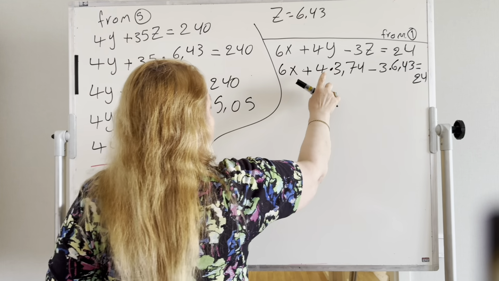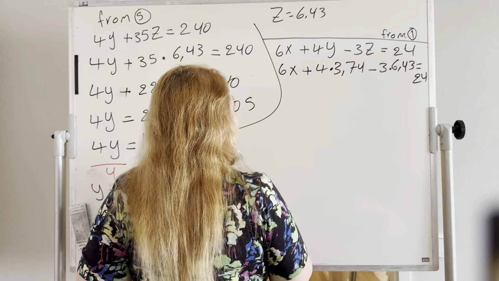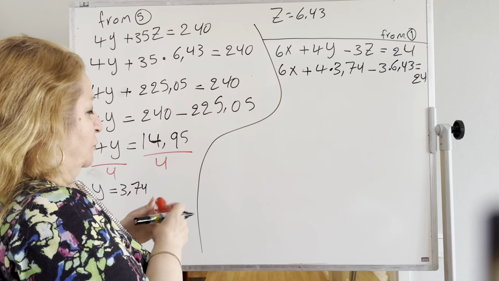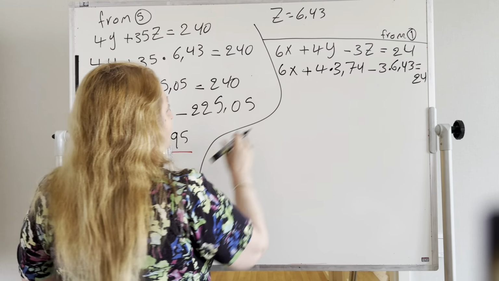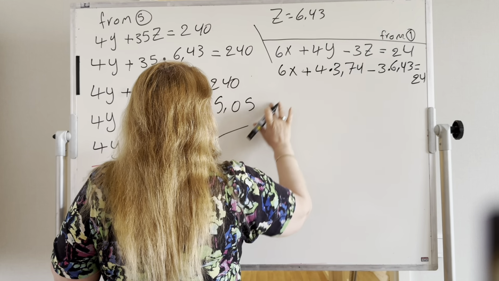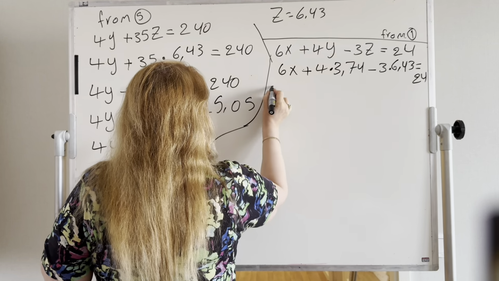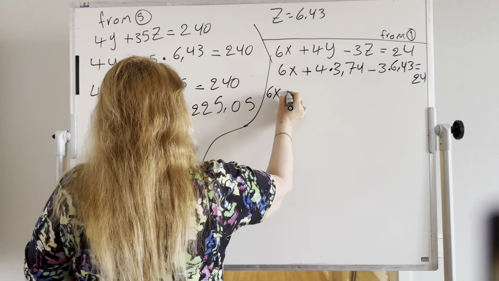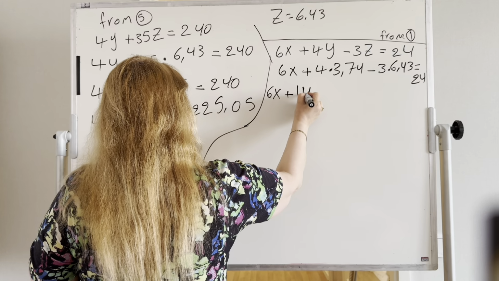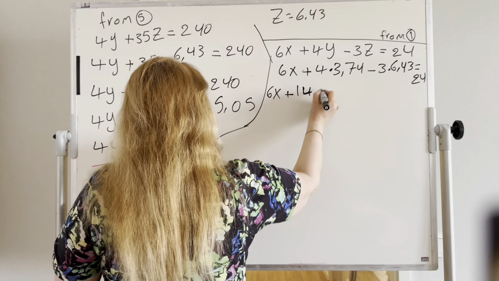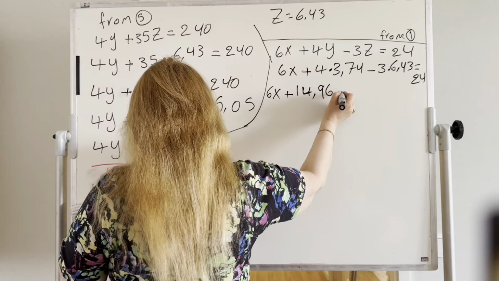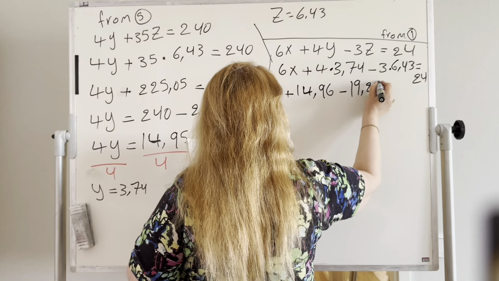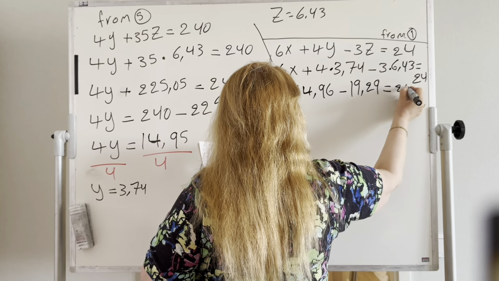Then I will multiply 4 with 3.74, 3 with 6.43, and I will get 6x plus 14.96 minus 19.29 equal 24.